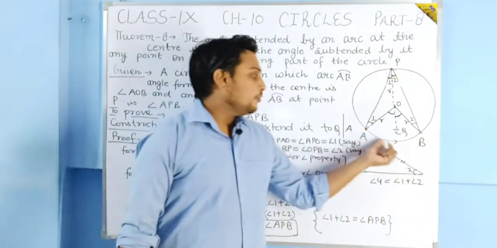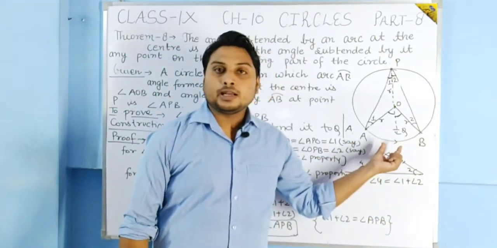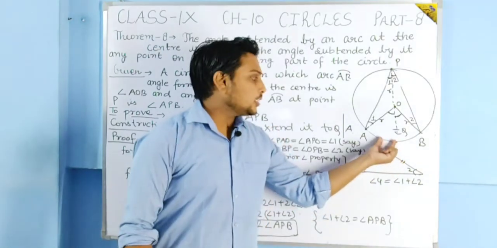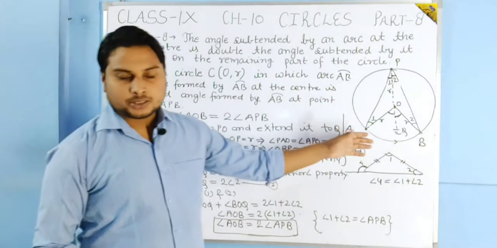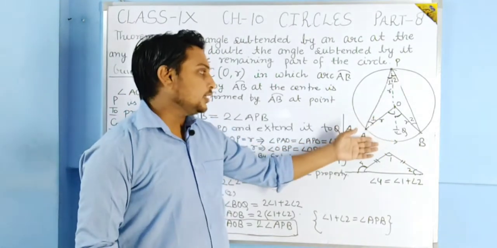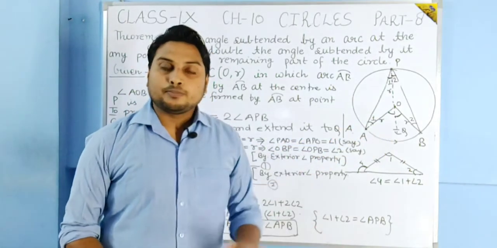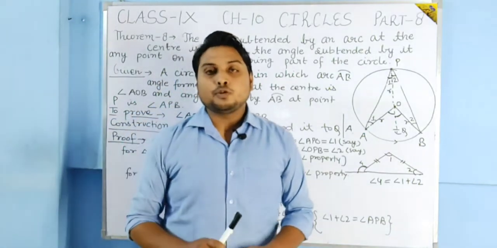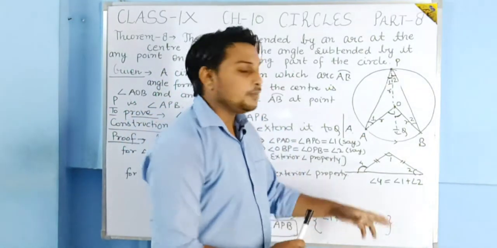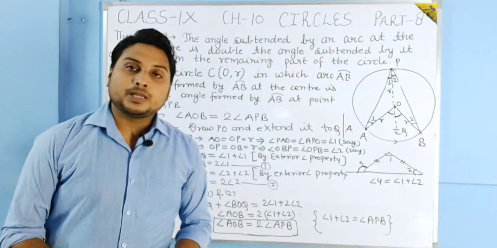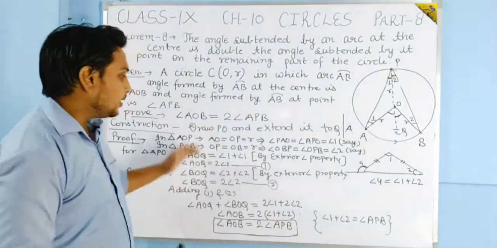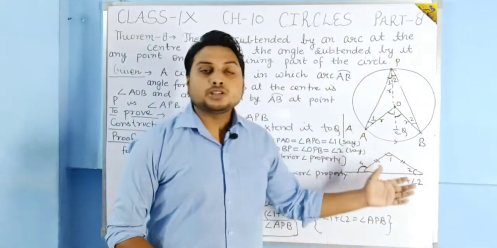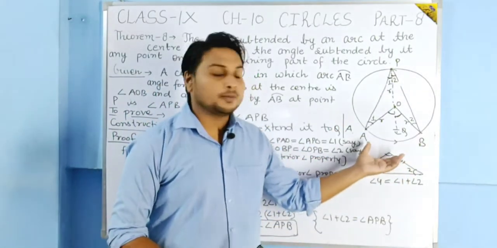This is the case of minor arc. This arc AB we have taken is a minor arc, and only the figure will be changed. The rest of the things will be the same, means for the proof of semicircle and for major arc, the process is the same. Each and every step will be the same, only the figure changes.